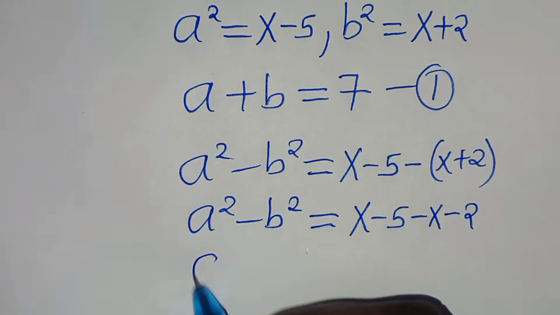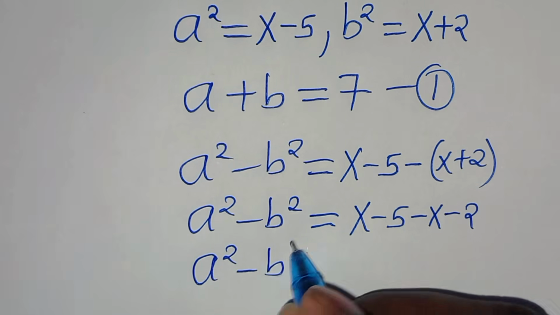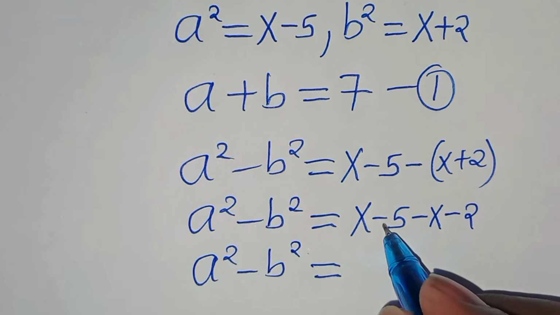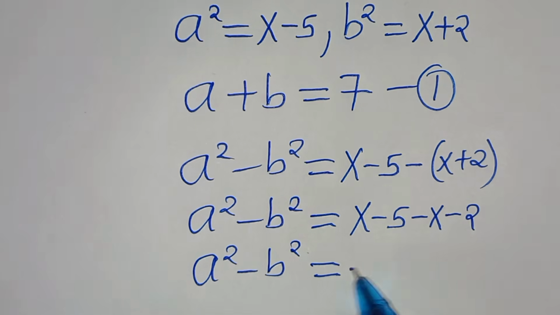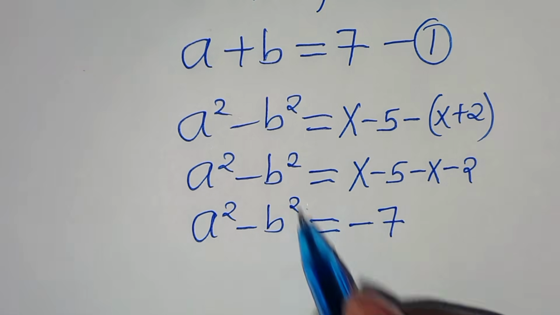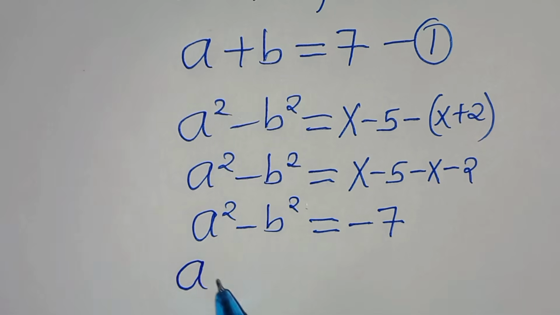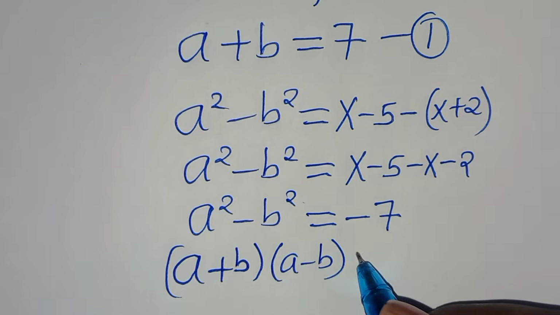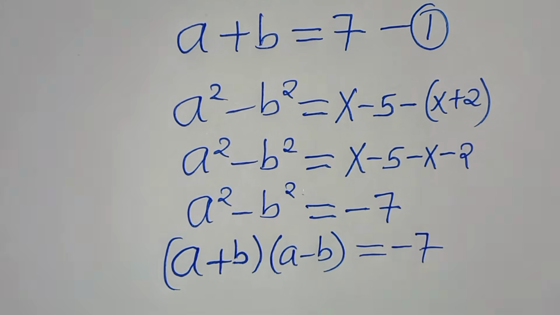So a squared minus b squared is equal to x minus x, and then minus 5 minus 2, this is minus 7. And we have that a squared minus b squared, the difference of two perfect squares, is expressed as a plus b multiplied by a minus b. This is equal to negative 7.